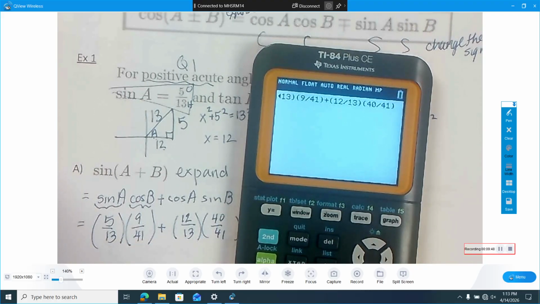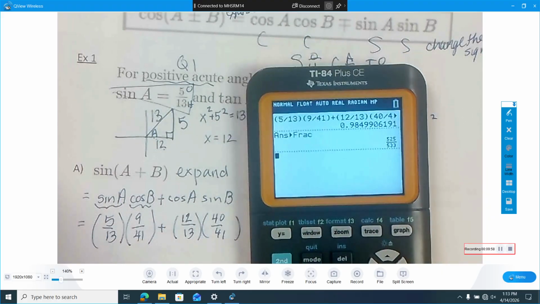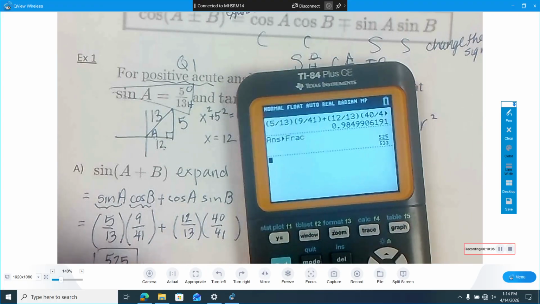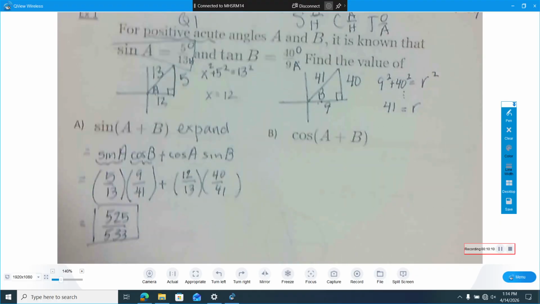I'm using parentheses. You do want to be really, really careful. I basically typed it in exactly how it appears here. And then you want to math frac because it wants exact answers. 525 over 533. And that is the correct answer. Okay? Oh, you can't see that. There you go.